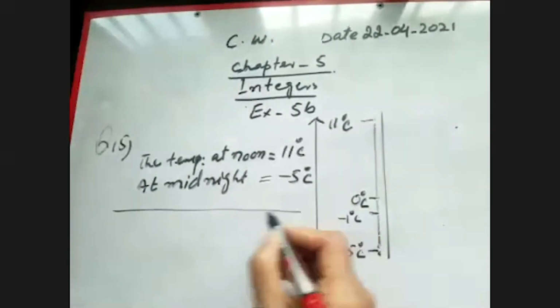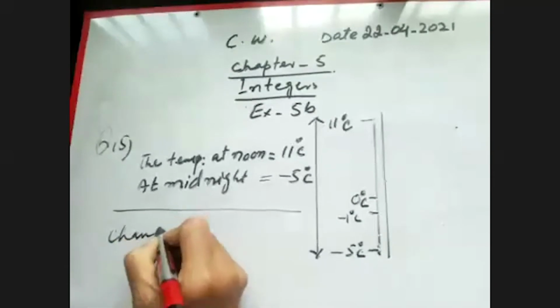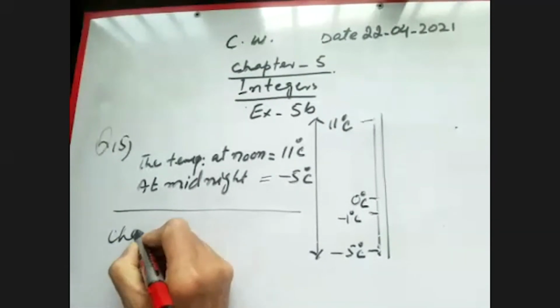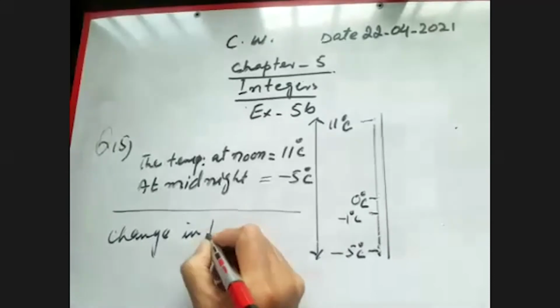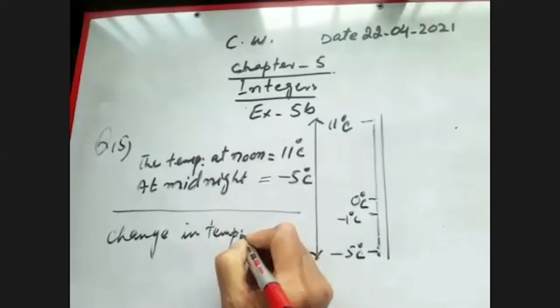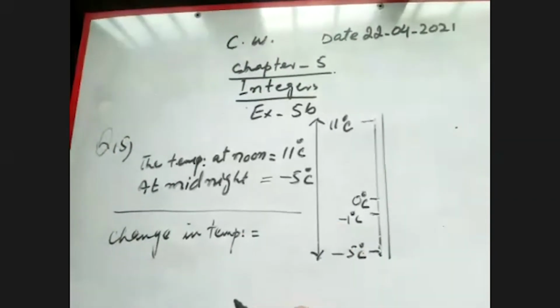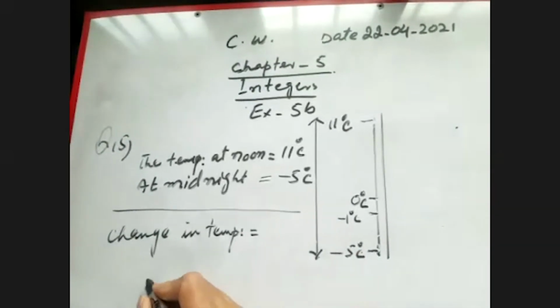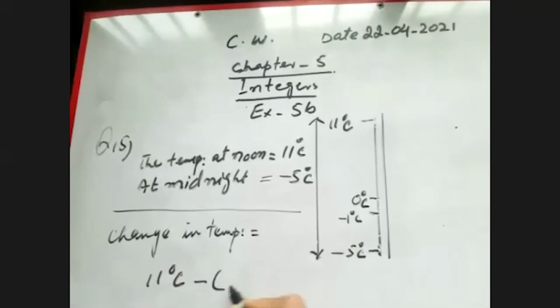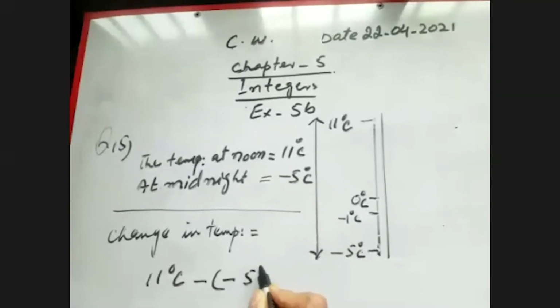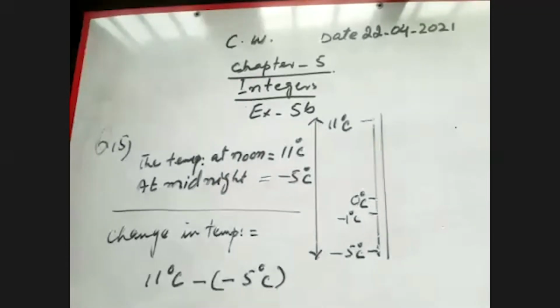So you have to find out the change in temperature, which is 11 degrees centigrade minus minus 5 degrees centigrade. Make the equation like this.